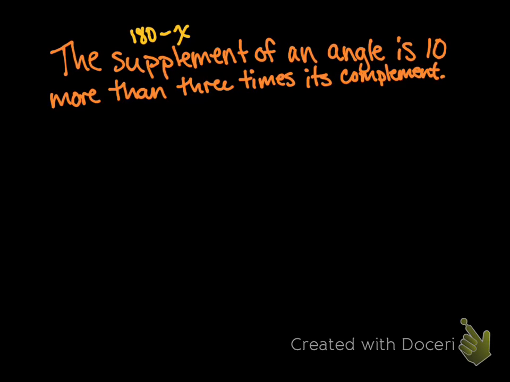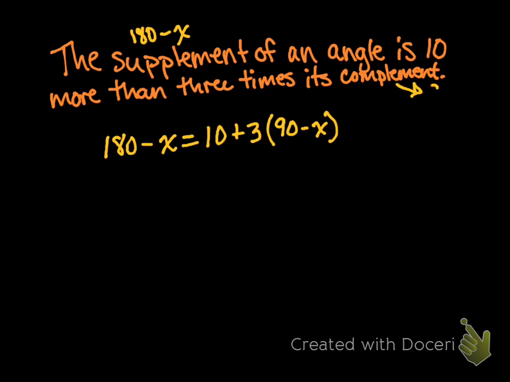So we're going to start with that in our equation. 180 minus x is 10 more than, so 10 plus 3 times the complement. So 3, and the complement we like to think of as 90 minus x. 90 minus x there. And now we have a nice equation set up to solve.